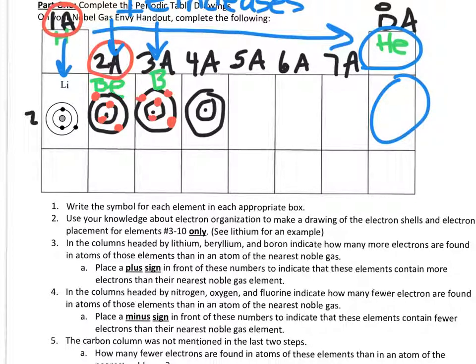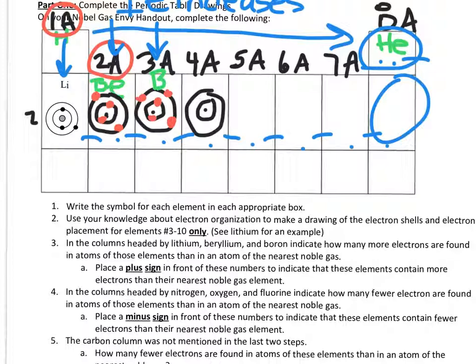And you could even count the boxes. Lithium is only 1 box away from helium, but he's 1, 2, 3, 4, 5, 6, 7 boxes away from neon. So obviously he's closer to helium than he is to neon. Same with boron. Boron is 1, 2, 3 boxes away from helium, going backwards, but he's 1, 2, 3, 4, 5 boxes away if we went forwards.